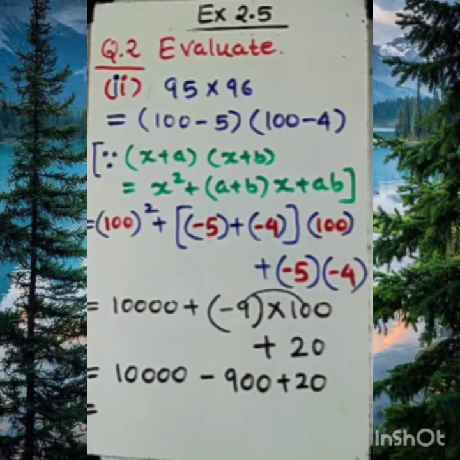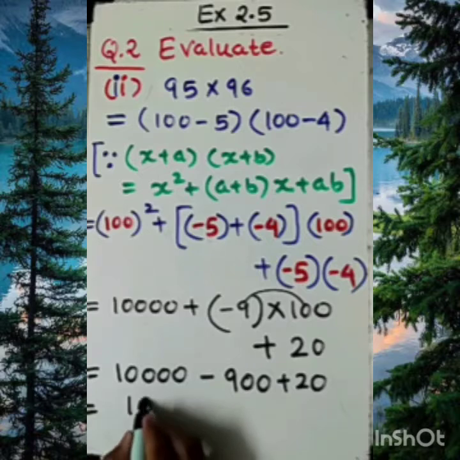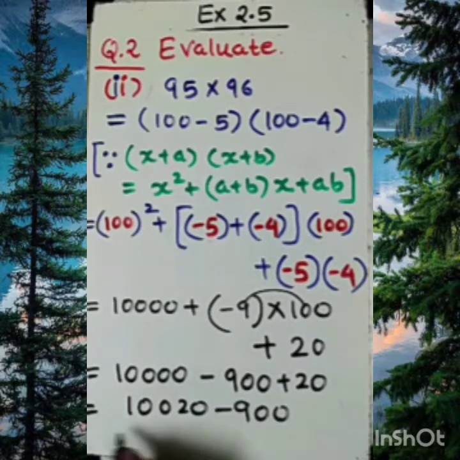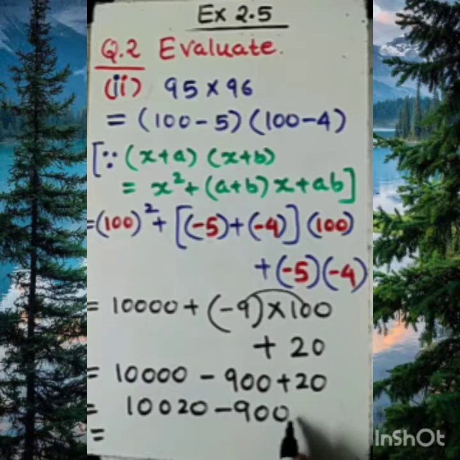So let's simplify. First I need to add both of these numbers. Then I will have here 10,020 and 900 will be subtracted from it. So 0 minus 0, 0. 2 minus 0, 2. But here it is 0, not possible to subtract 9.